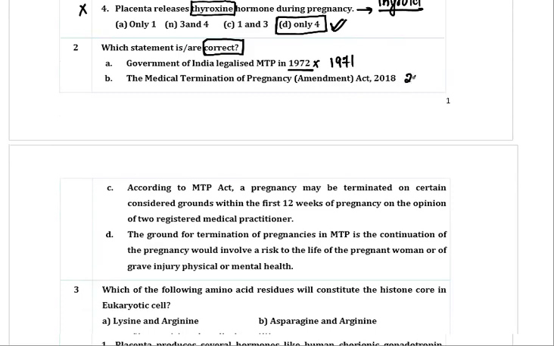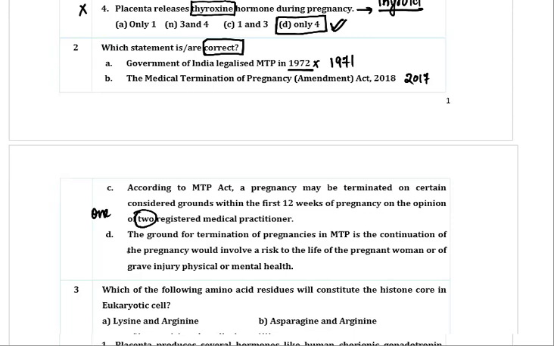No, this is 2017. Then, according to the MTP Act, a pregnancy may be terminated on certain considered grounds within the first 12 weeks of the pregnancy on the opinion of two registered medical practitioners. This is also incorrect, because in the first 12 weeks, only the consent of one practitioner is needed, not of two.